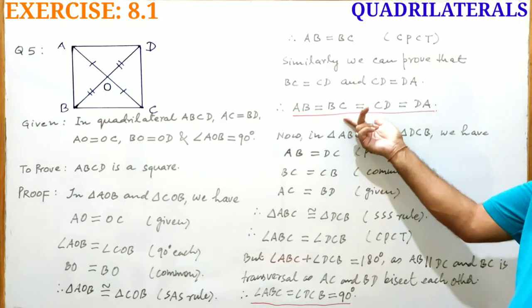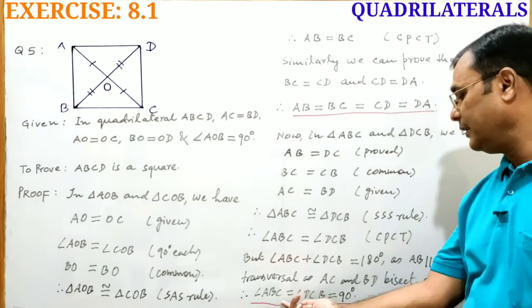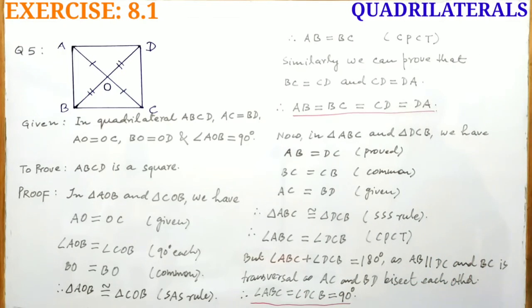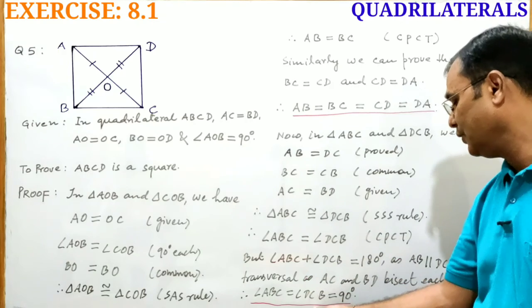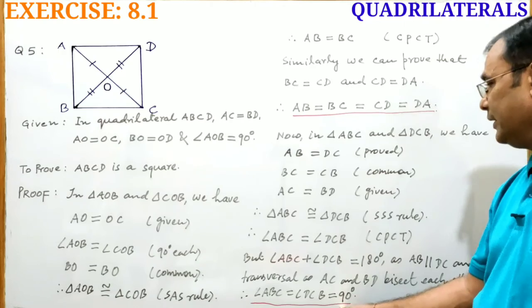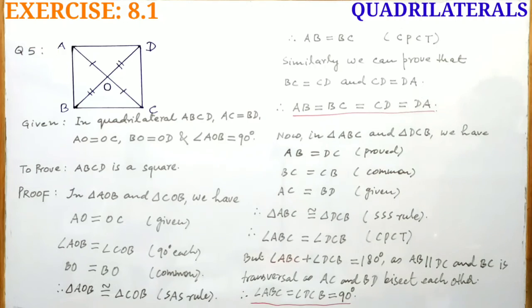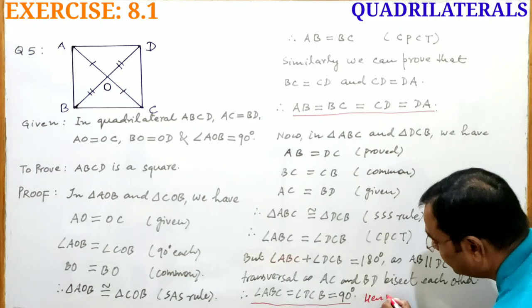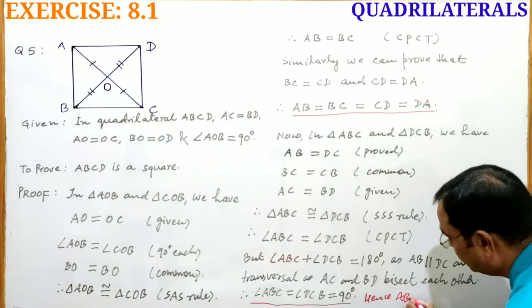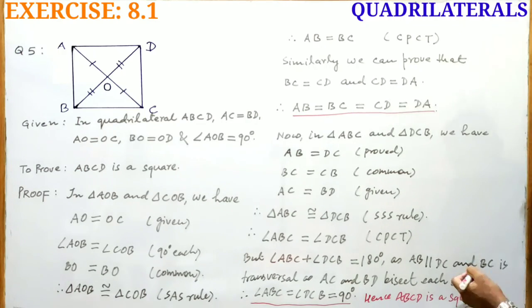These four sides equal prove that ABCD is a rhombus, and this angle ABC equal to 90 degrees proves that this rhombus ABCD, whose one angle ABC is 90 degrees, is a square. Hence, ABCD is a square, hence proved.